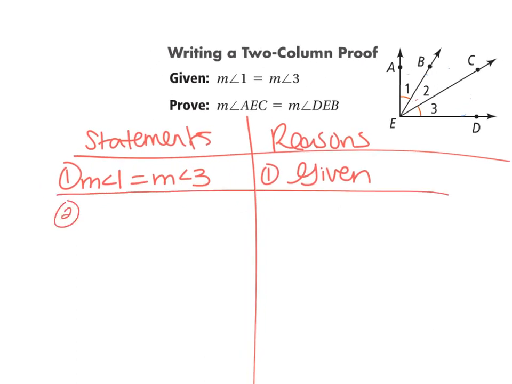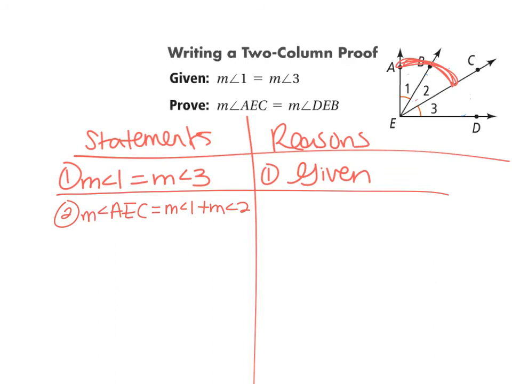I'm going to tell you, we need to say the measure of angle AEC equals, well, AEC is this one right here, so that's going to equal the measure of angle 1 plus the measure of angle 2. You see that? It's just AEC is angle 1 plus angle 2.